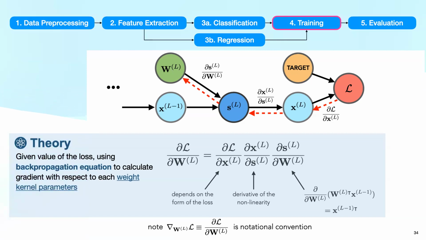When you are calculating your loss with respect to the weight of the last layer, dL/dW_L, what you do is you calculate first dL/dx_L, and then you calculate dx_L over the sum node ds_L, and then you calculate ds_L over dW_L. So you just move along this computational graph to compute the gradient.